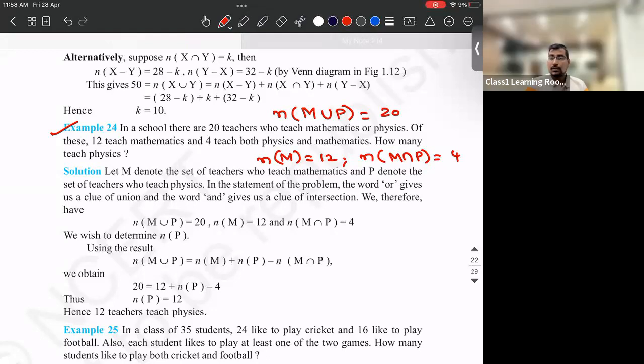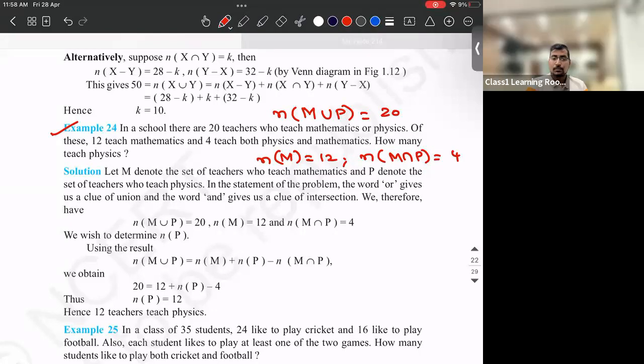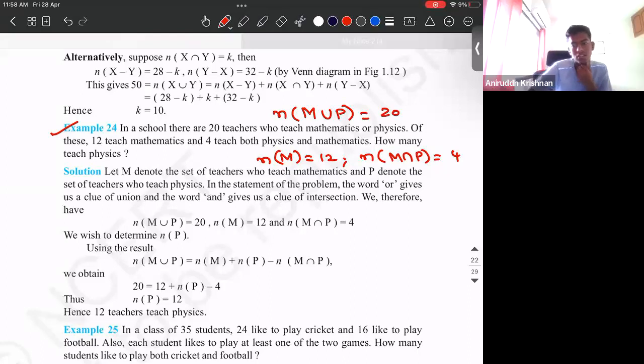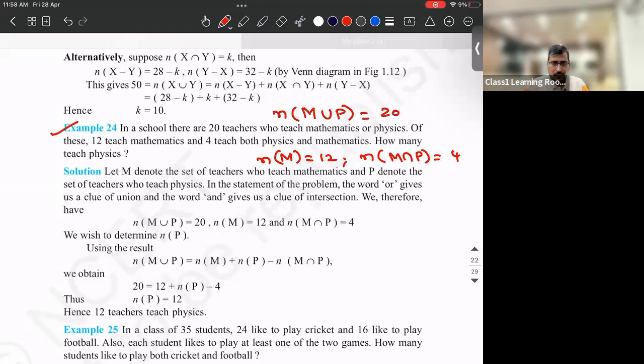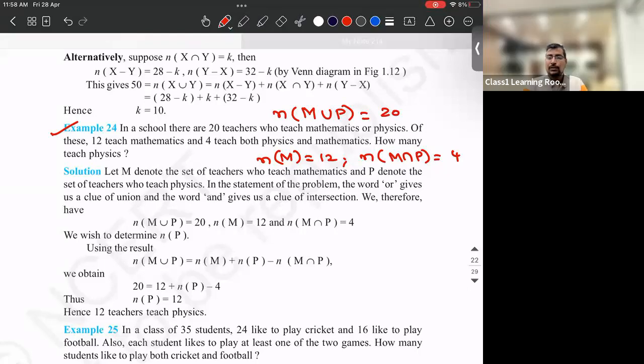So n of C union F is how much? 35. Each student, so how many are there? 35. N of C union F is 35.